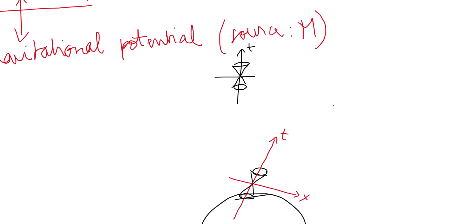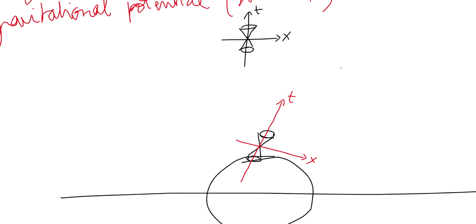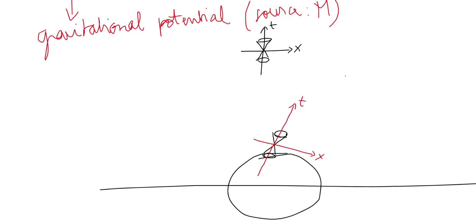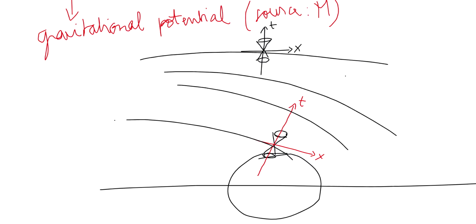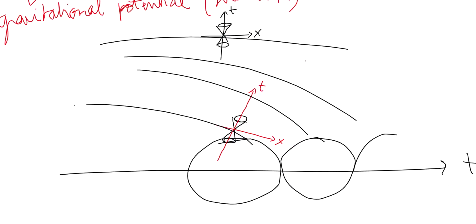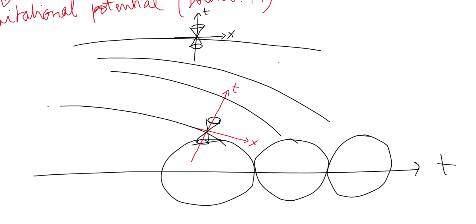So we see that space and time near a massive body are curved.